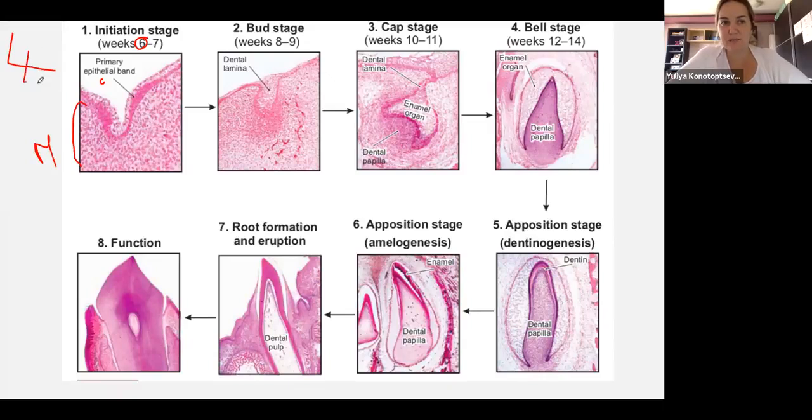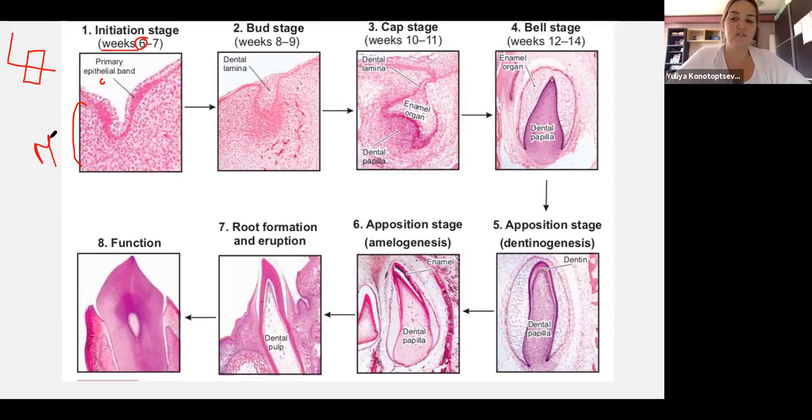You take a little piece of it, and this is what you see here. The entire future mandible is not there yet because this is still very early. This is week 6. Instead, you can see this mesenchyme. This mesenchyme later will become your mandible.